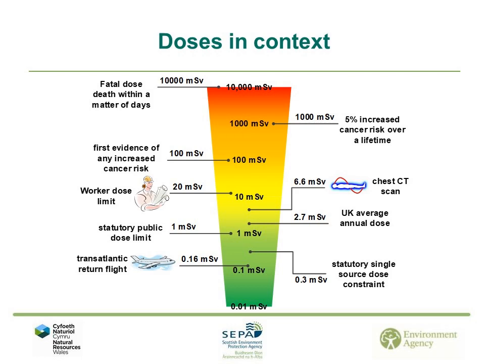The occupational dose limit for people working with radiation and radioactive substances is 20 millisieverts per year. You can see that these dose limits and constraints are well below the dose levels where there is evidence for an increased risk of cancer, which starts at around 100 millisieverts.